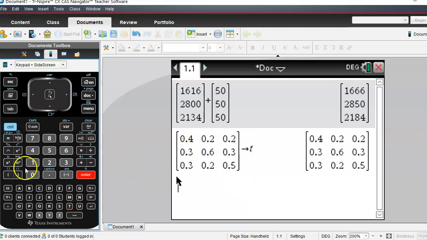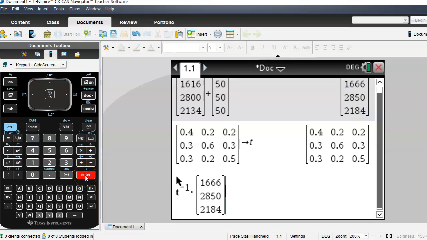Alright, so remember our inverse, T to the -1, and I have to times that by A3 plus D, which was that one.